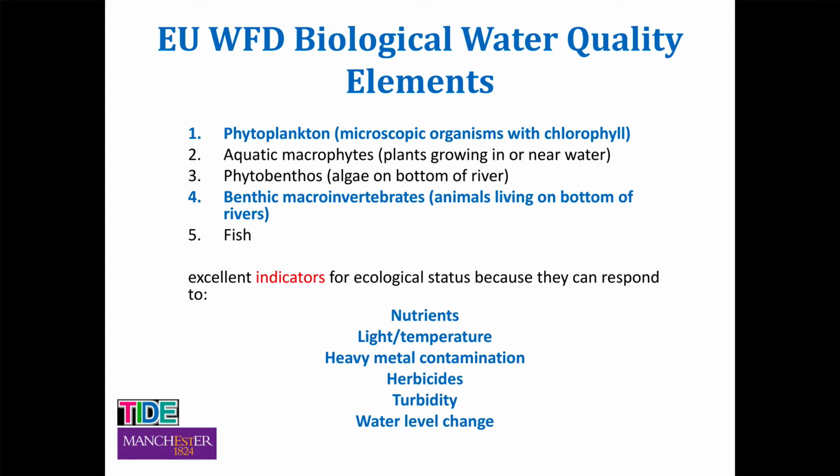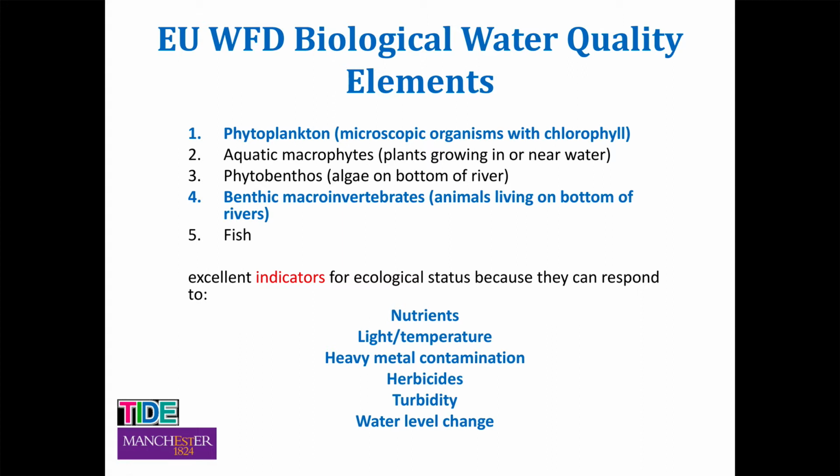So the EU Water Framework Directive has a number of different elements to it. They measure 5 different parameters. They measure phytoplankton, which are microscopic organisms that contain chlorophyll, aquatic macrophytes, which are plants growing in or near the water.